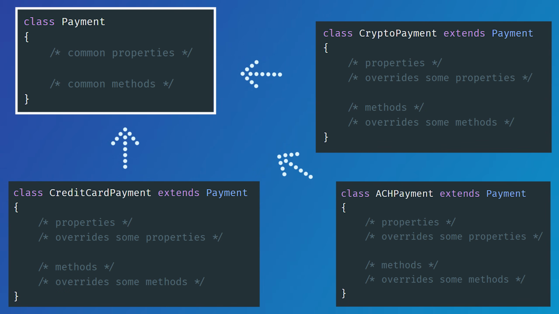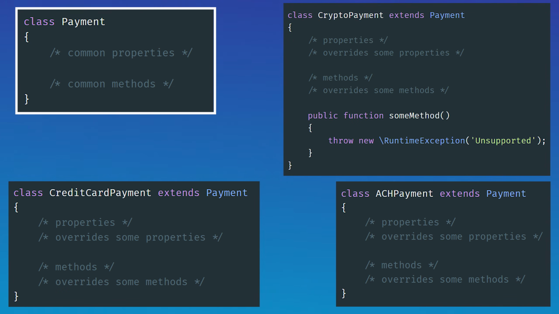The problem is that crypto payment class does not need or use a lot of the functionality that payment class provides. So we're forced to kind of hack it away by overriding certain methods and throwing exceptions to disable access to those methods, and so on. So it becomes a headache and we spend a lot of time refactoring to make it work.